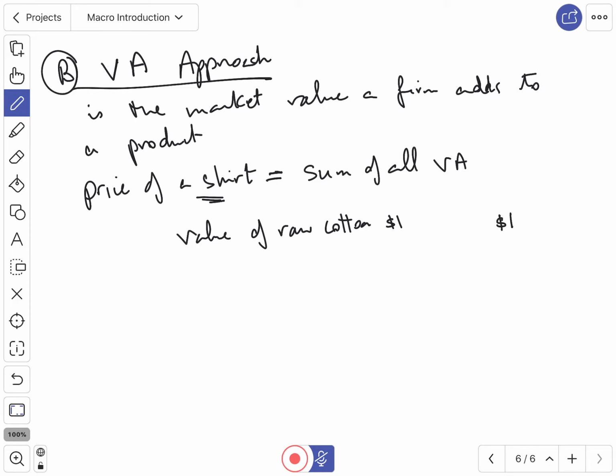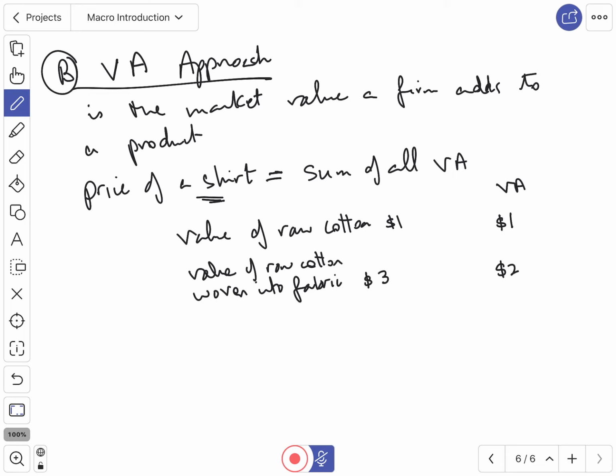Next, what is the value of raw cotton when you have it in the second stage? So it's woven into fabric. So this is the second stage of production. Suppose that the price of the shirt now becomes 3. So this stage I have only added 2. So this is the value added at stage number 2.